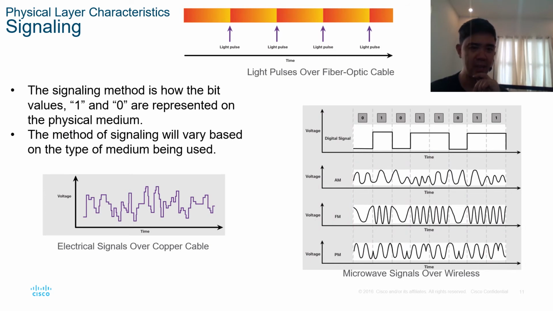In the signaling method, which is again processed in the LAN card, this is how the bit values, the ones and zeros, are represented in the physical medium. We usually see this form and we say this is the digital signal. But in reality, there's this device we call an oscilloscope where you can see the actual signal. It doesn't look like this. This is not the ideal. This is the ideal scenario.